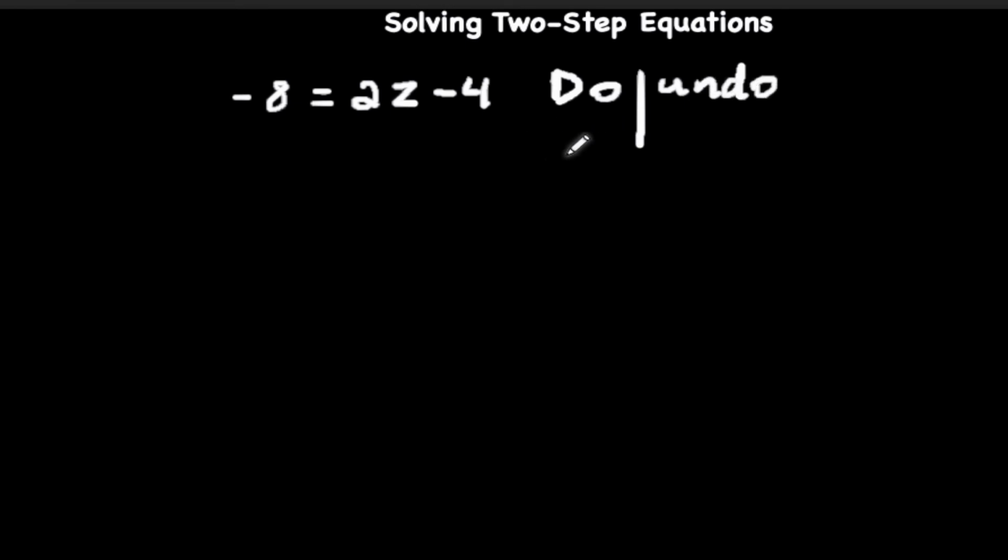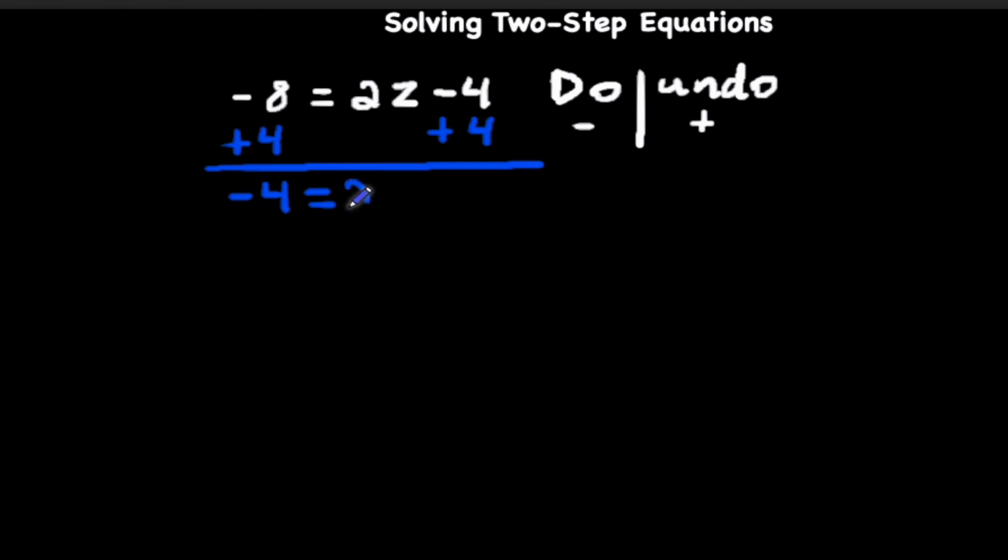To undo minus 4, we're going to add 4. So let's do that to both sides. So negative 8 plus 4 is negative 4 equals 2z.